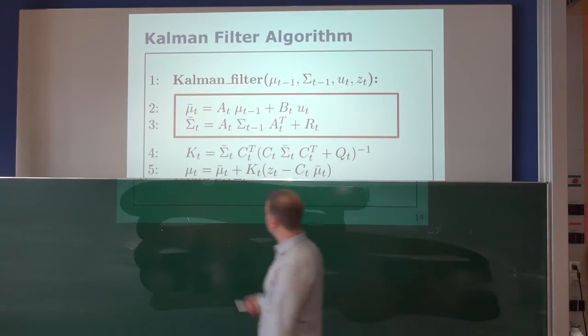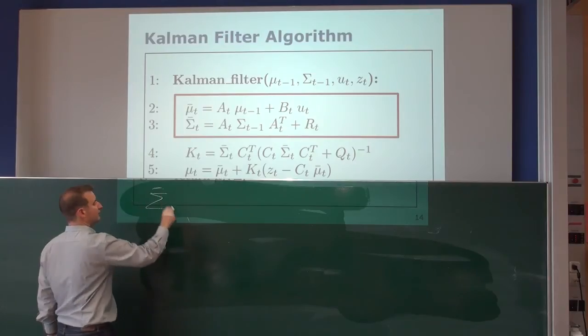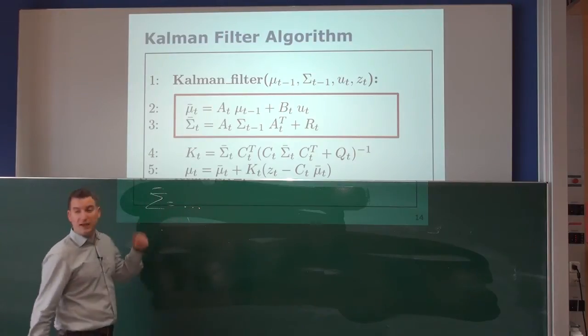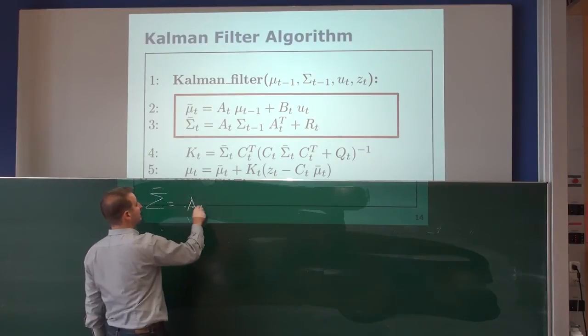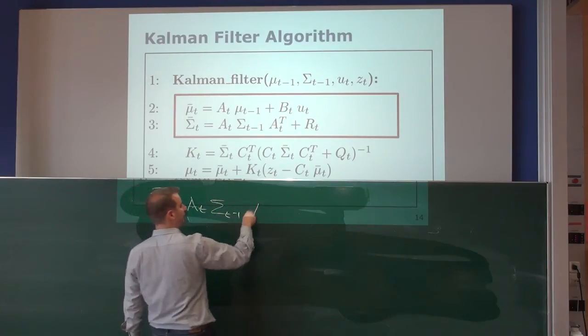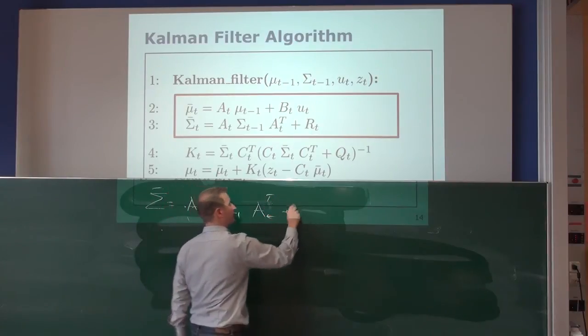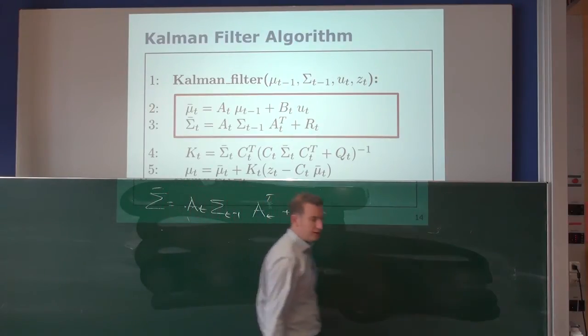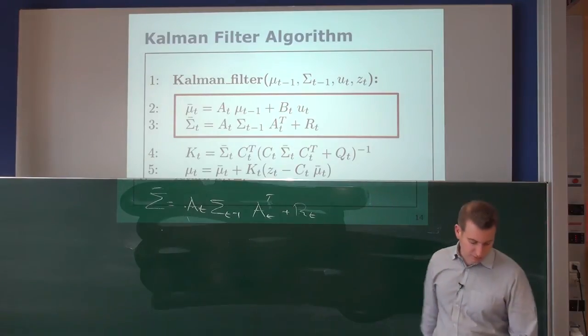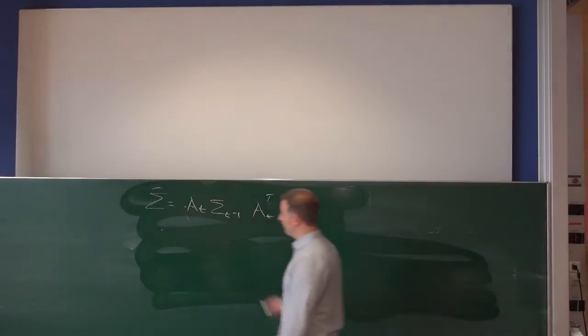So let's start with line 3. That's what we have. So we had, okay, let's write down A_t, the previous belief, A transposed plus R_t. Now let's move to information form.